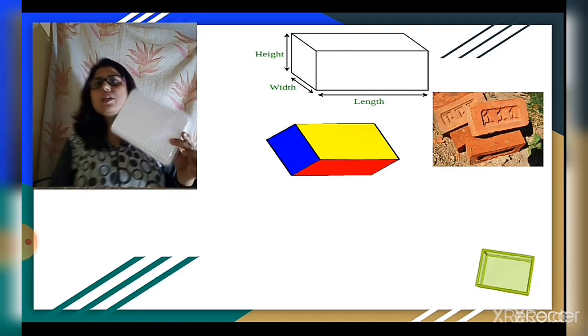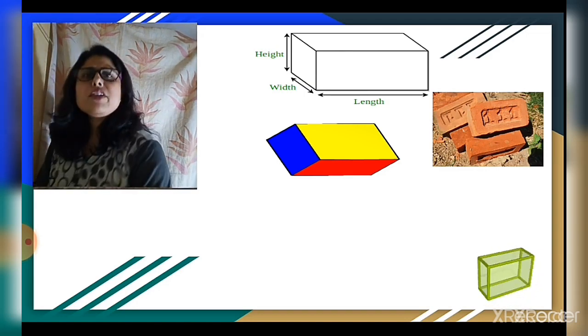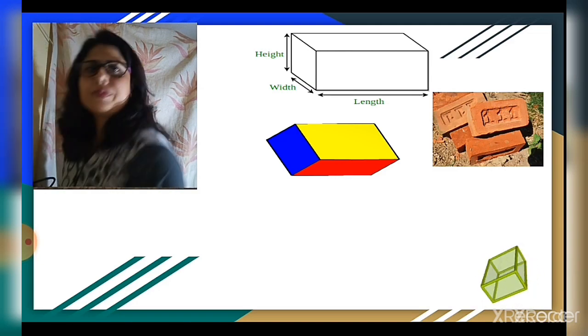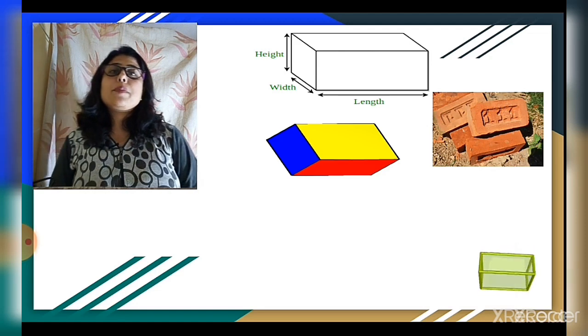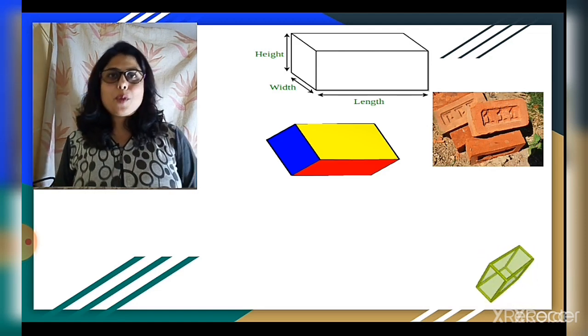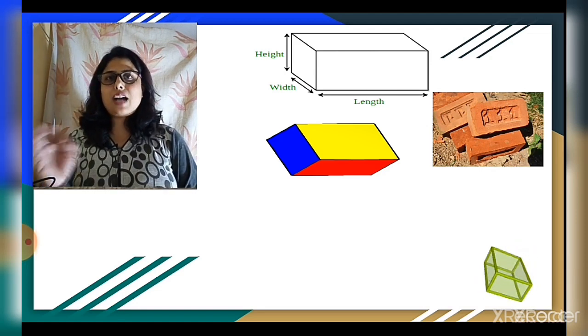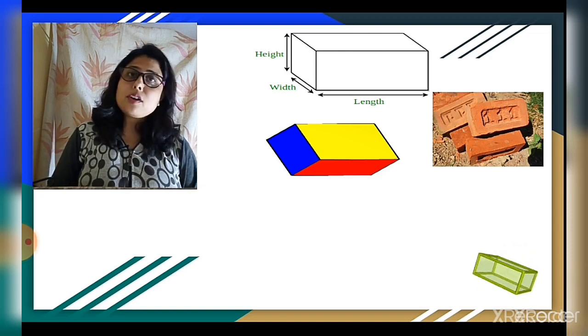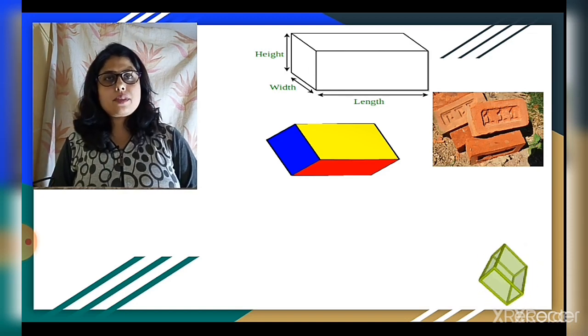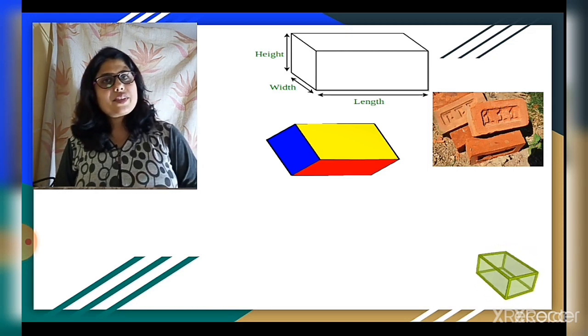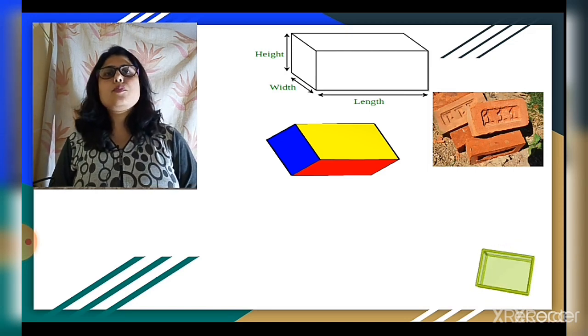This shape is also a cuboid shape. Whenever we buy a new pair of shoes, the shopkeeper gives us a new box for our pair of shoes. That box shape is also a cuboid shape. I hope you understand the difference between cube and cuboid and its properties also.